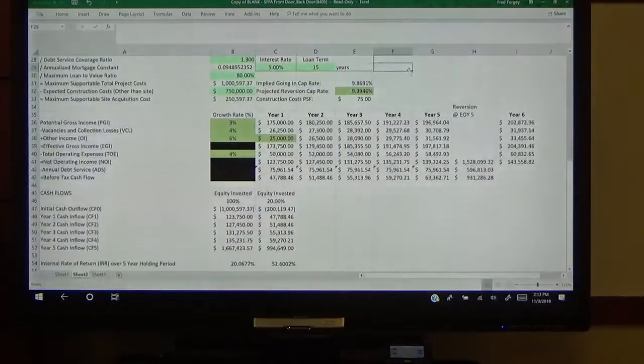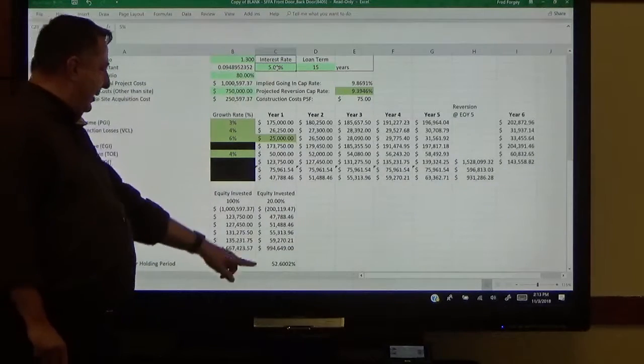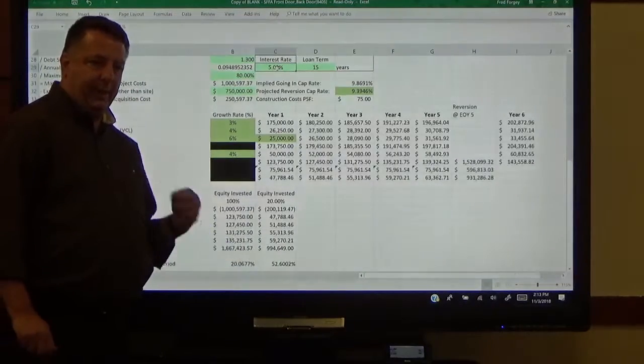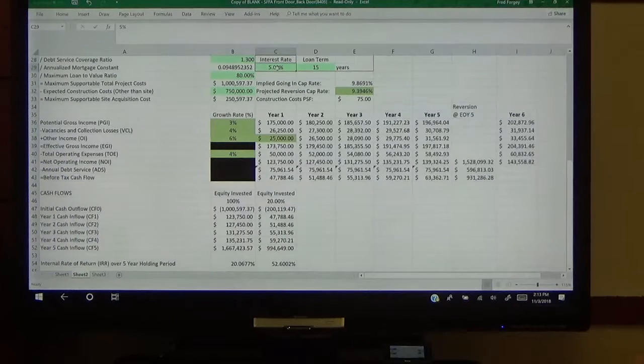The question is, how much of an impact is this interest rate going to have on your overall return as an equity investor for that 20%? So let's just say we double it, to 10%. Well, what that does, as you can see, in this particular case, the way the model works, unfortunately, is counterintuitive, and that's part of the challenge of this.